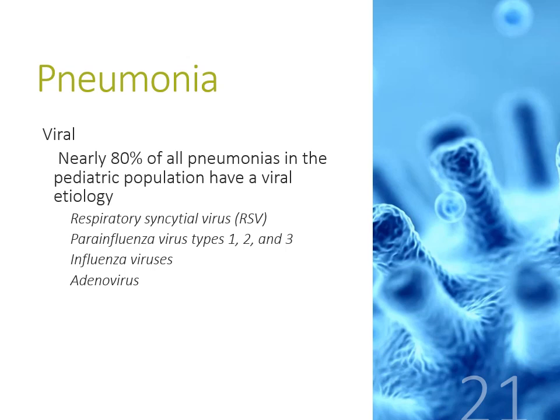Adenovirus. Although it occurs year-round, adenovirus pneumonia is often seen in late summer and early fall. It occurs most often in children younger than 2 years old and is easily confused with bacterial illnesses. It mimics their symptoms with a rapid onset, high fever, increased white cell count, and a chest X-ray that looks like it has an infiltrate.